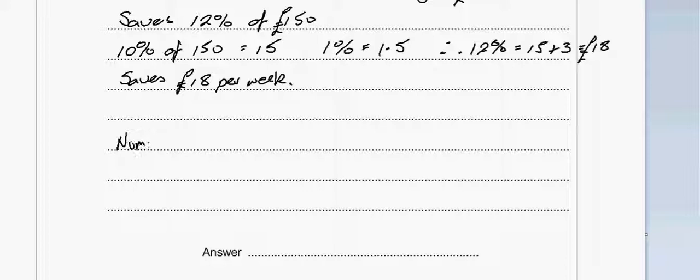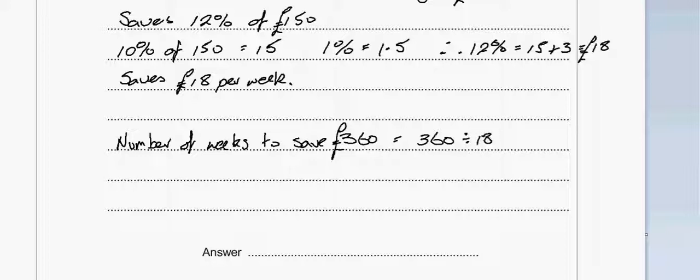So the number of weeks to save £360 equals 360 divided by 18, because every week he's saving 18.